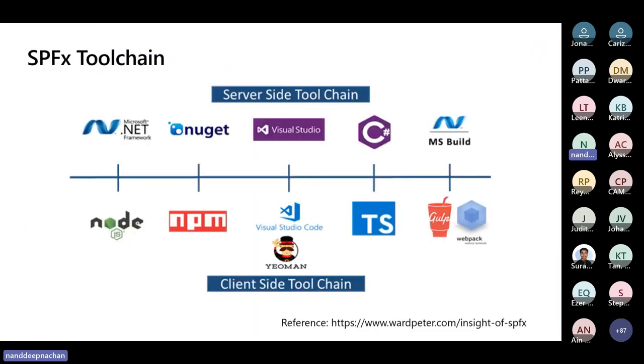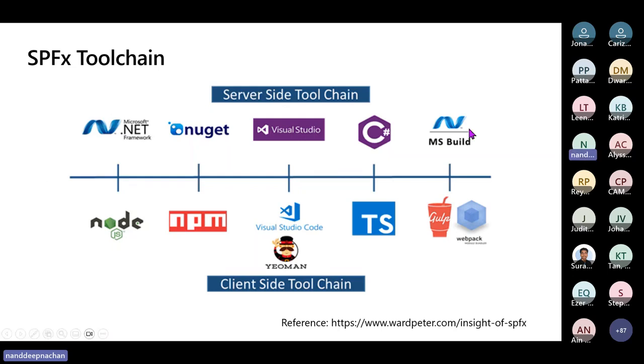All right, so this is the SharePoint Framework toolchain. These are the tools needed to get started on your journey of developing solutions with SharePoint Framework. The top side is the server side toolchain. If you are coming from a server side background, developing solutions using C# or .NET, then these are the things you see on top.